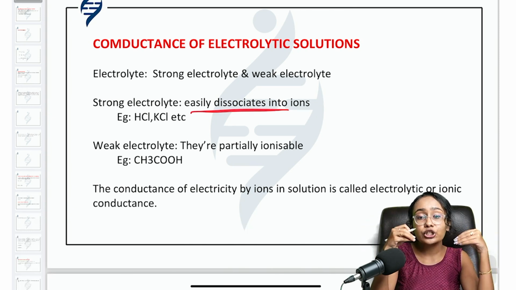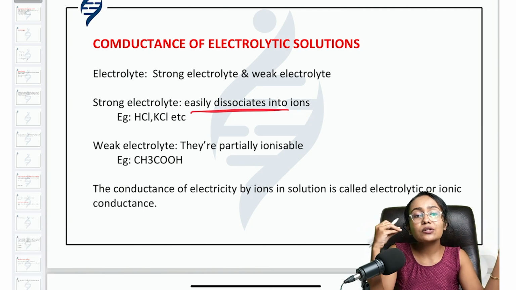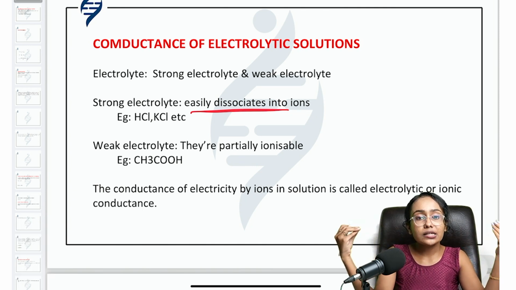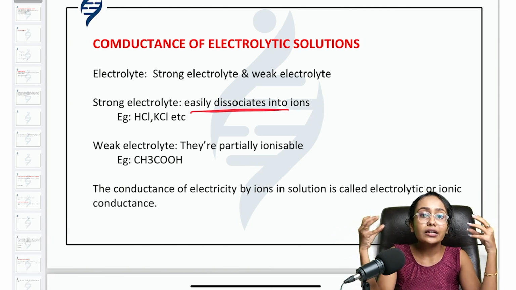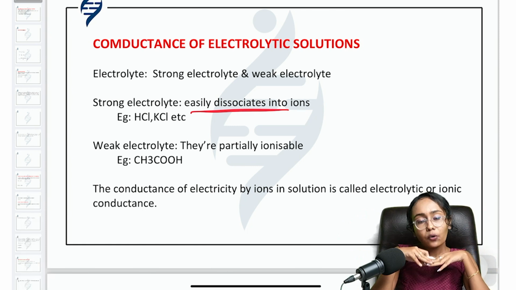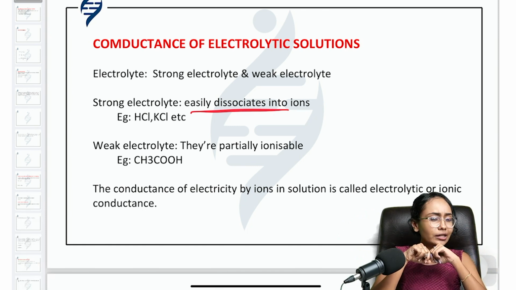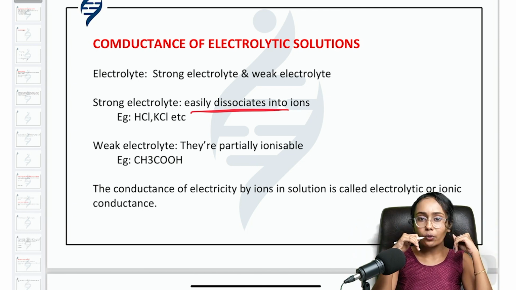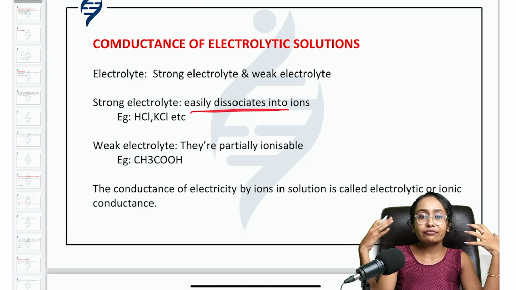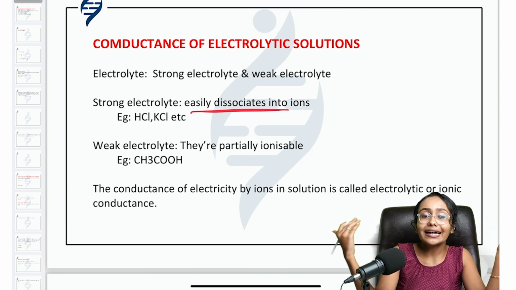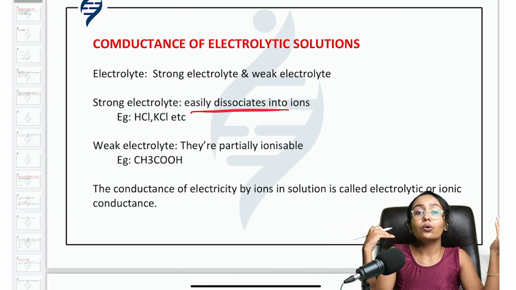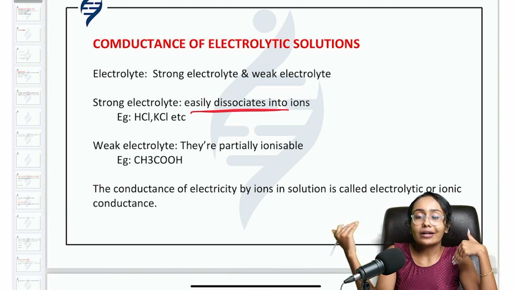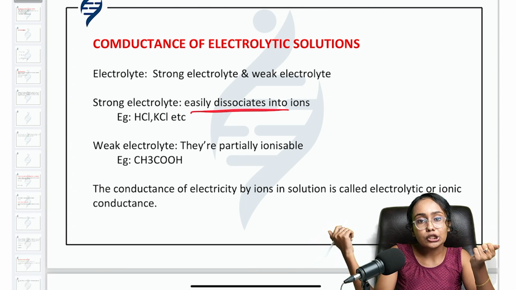An electrolyte which has the capability to dissociate into ions very fast is known as a strong electrolyte. What is a weak electrolyte? A weak electrolyte won't ionize very quickly. It's partially ionizable. It doesn't have as high a tendency as stronger electrolytes to ionize or dissociate into ions.